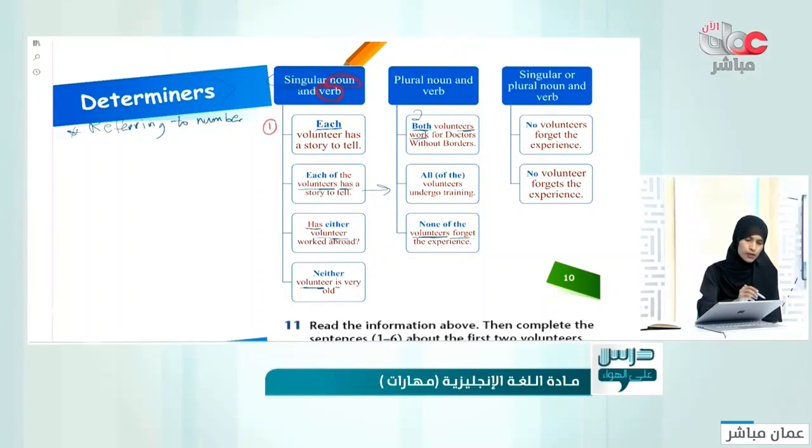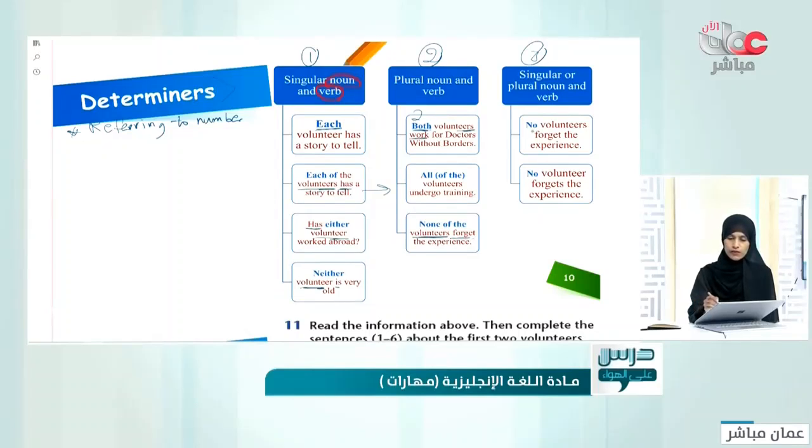The last type, I should write 3 here. So this is number 1. Number 3: when there is a determiner that could be used whether the subject or the noun is either singular or plural, so I can use it in both cases.